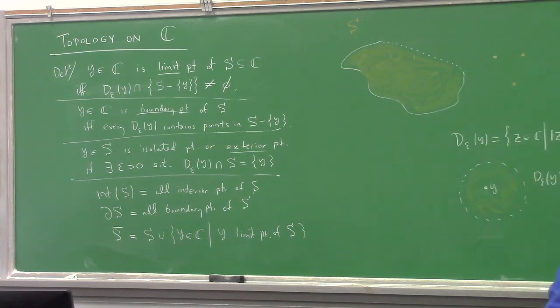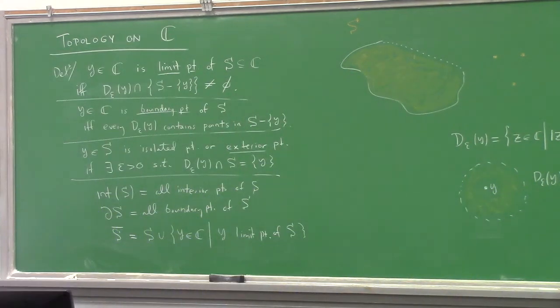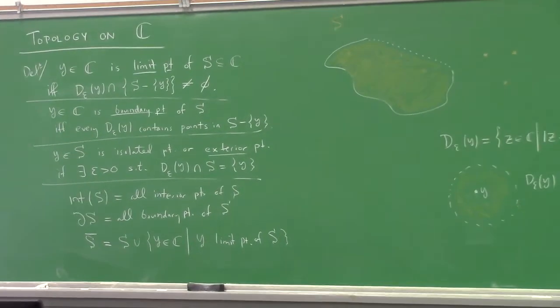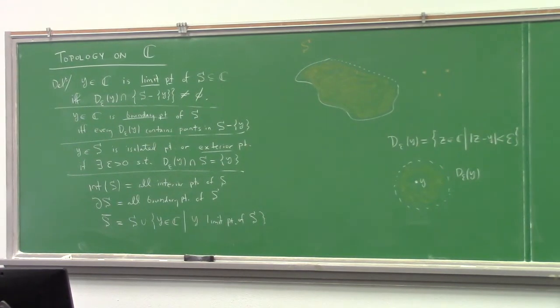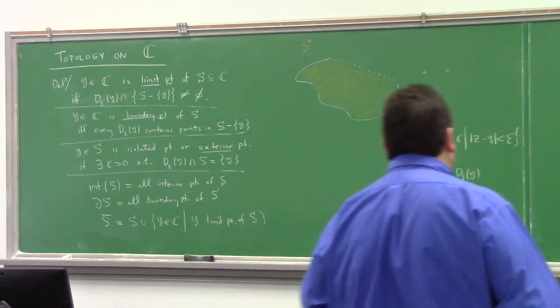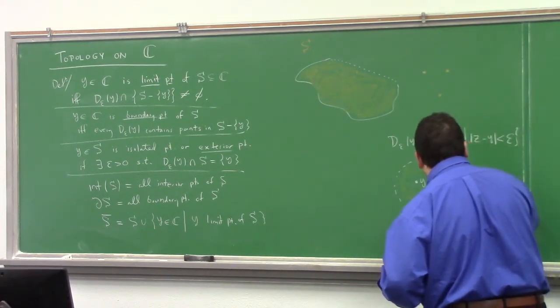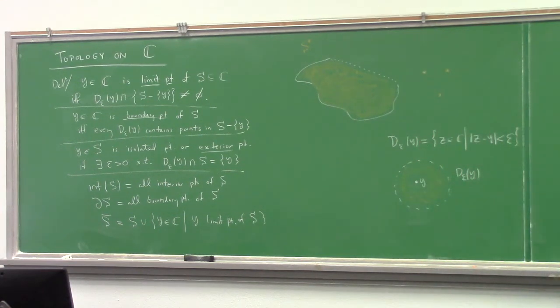Not including the edge of it, not including the boundary, actually. The boundary of the disk of radius epsilon would just be the circle of radius epsilon centered at y.